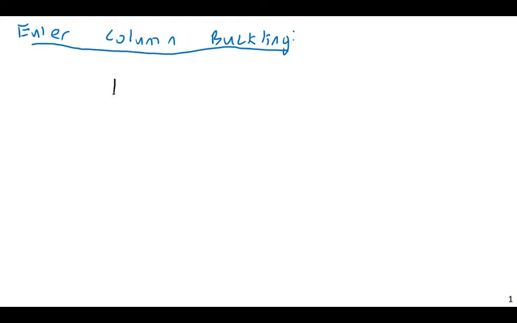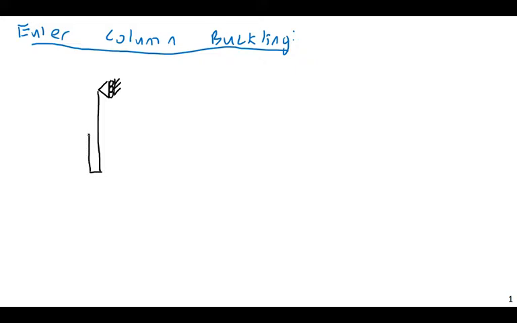Although I'm going to draw this as a really interesting pin, which is sort of a pin on a roller, this is just to make it absolutely clear that I want the vertical support to be able to ride up and down as the column changes in height. You wouldn't really build something like this. I just draw it that way to illustrate the theory, because a real column will be able to decrease in height as it compresses.